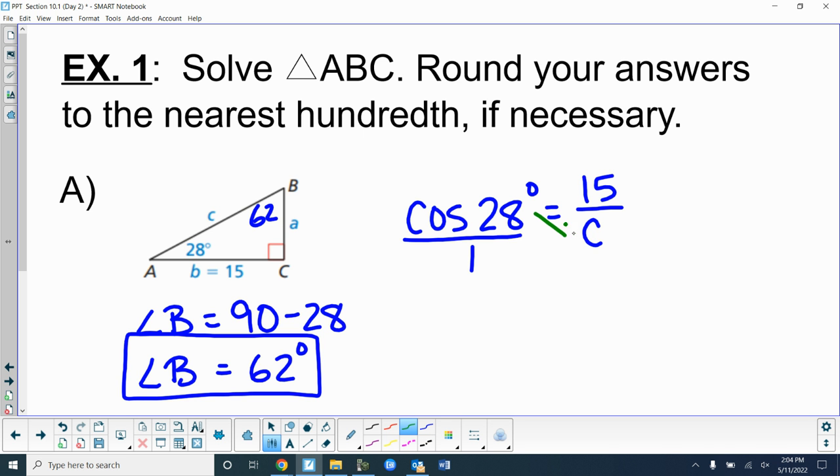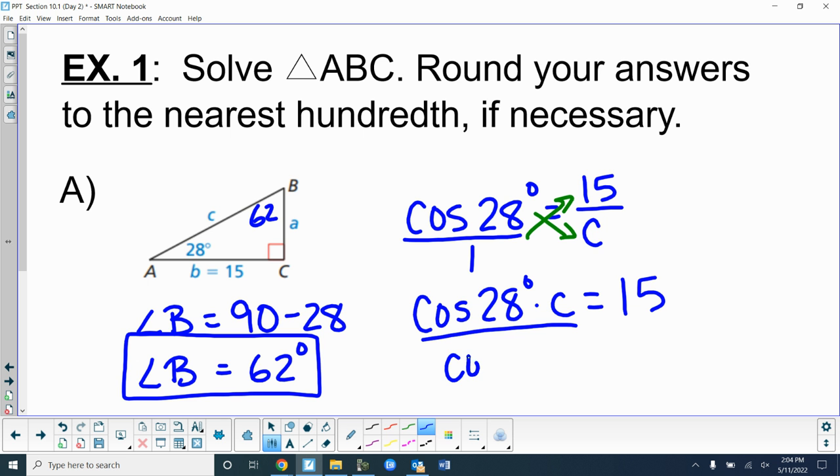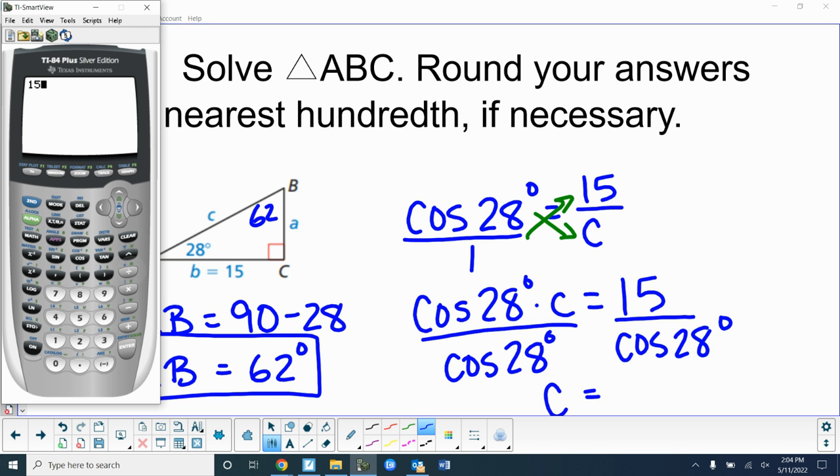When I cross multiply, I get cosine of 28 degrees times C equals 1 times 15. To solve for C, I have to divide both sides by the cosine of 28 degrees. So I go to my calculator and put in 15 divided by cosine, which is right here in the middle, 28, and close it up.